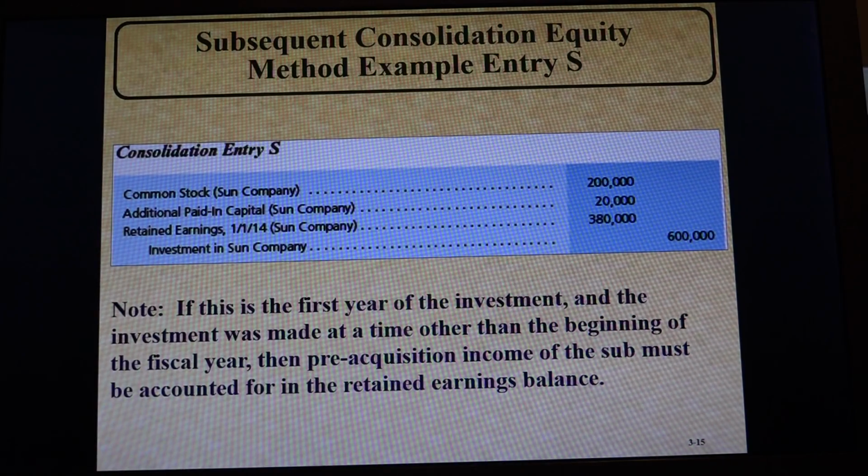Now, the point here is if Parrot bought this company mid-year, let's say, and so Sun had some income, that income that they earned prior to the acquisition would have to be added to retained earnings.